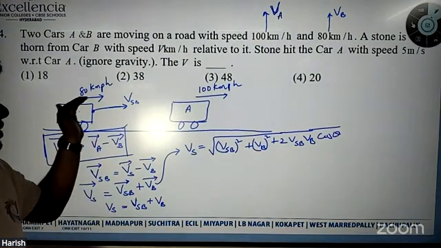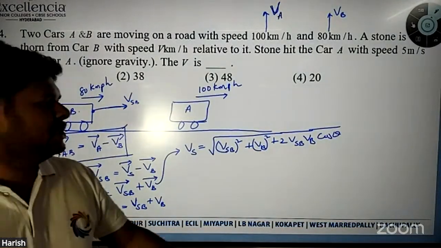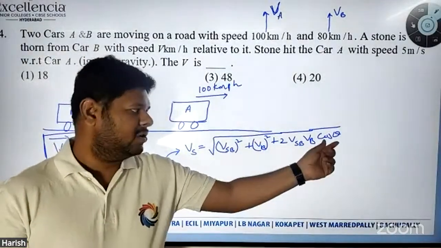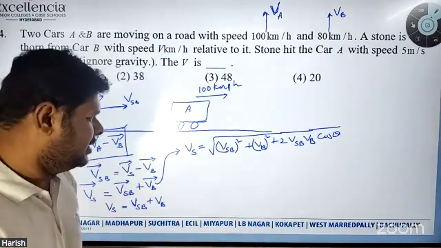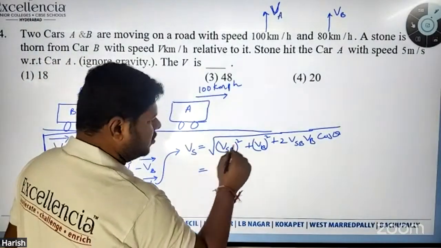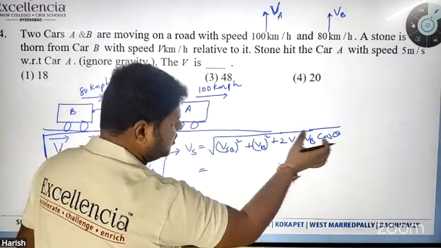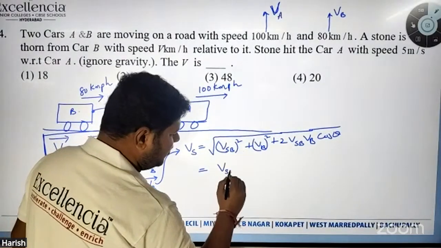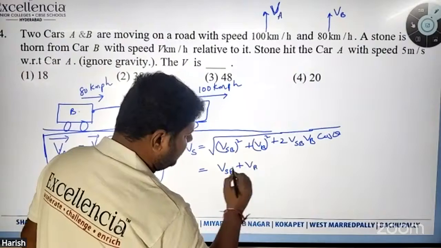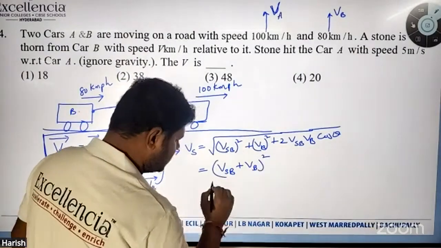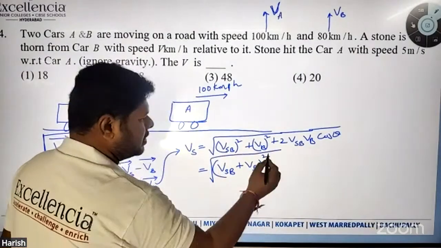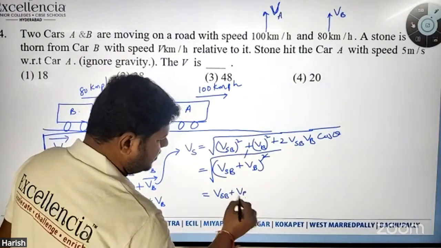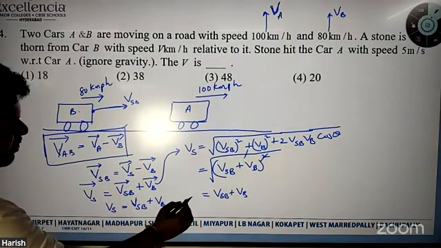As in the given question, they are in the same direction, so theta comes out to be 0 because they are parallel. So cos 0 is 1. And this I can write as the root of VSB whole square plus VB square plus 2 VSB VB, which comes out to be VSB plus VB whole square, which is equal to V plus 80.